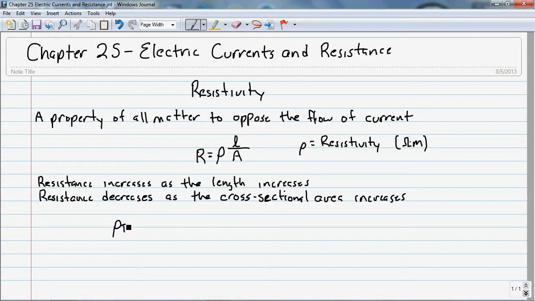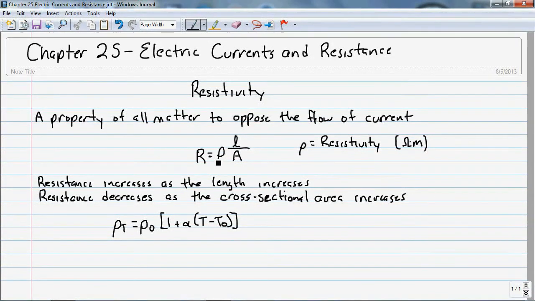So the resistivity at some temperature T is equal to resistivity at a specific temperature, and that's taken at, I believe, 0 degrees Celsius, times 1 plus alpha, this is your temperature change coefficient, times T minus T naught. So the warmer a material gets, the higher the resistivity.